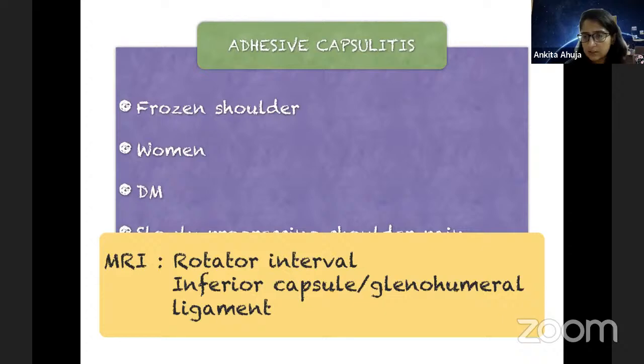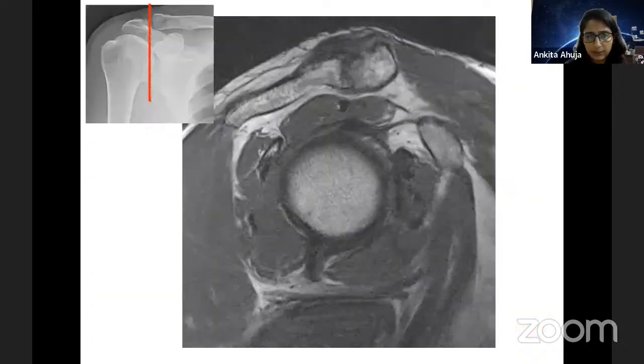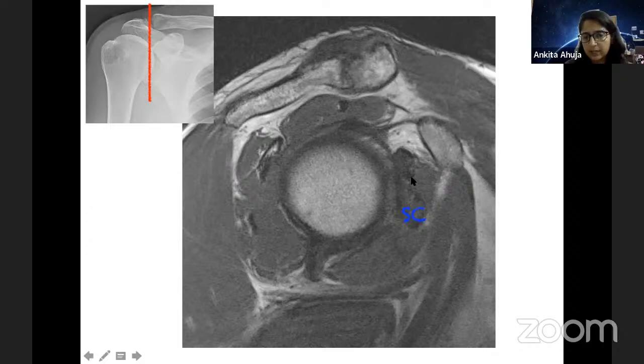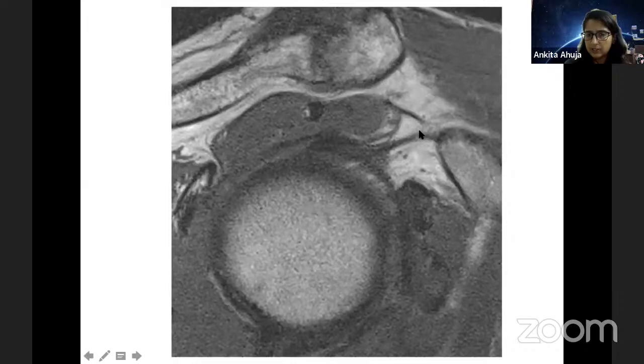Your careful concern is to look at the rotator interval and your inferior glenohumeral ligament. So we are in the region of the rotator interval. Just to quickly sum up the anatomy, this is your subscapularis tendon. This is your supraspinatus tendon, infraspinatus tendon, and teres minor tendon. And this is your rotator interval, right? It is a zoomed up image. It has two ligaments.